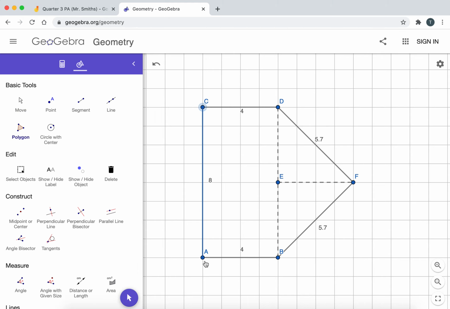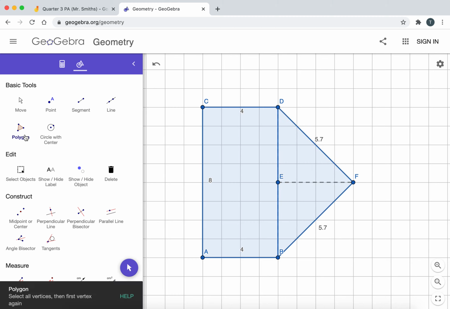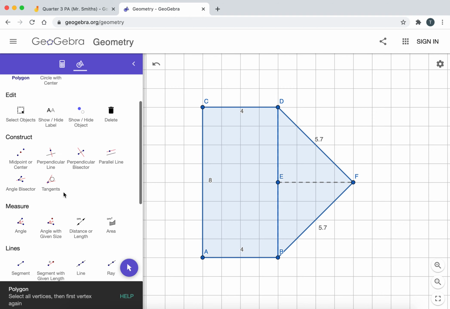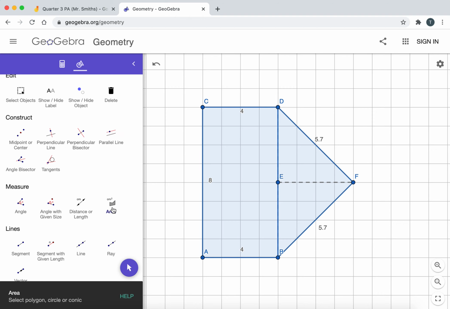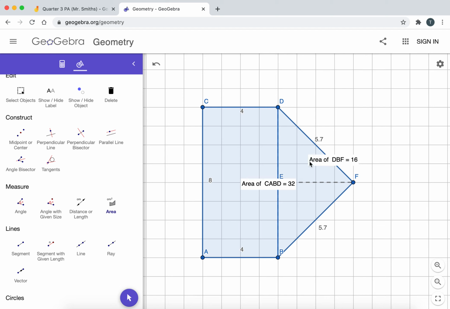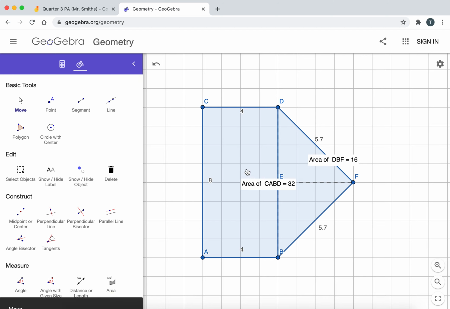I'm also going to draw in the area. So I'm going to create two different areas, the rectangle and this large triangle, using the polygon tool. I'm going to scroll back down to the area and click each figure.